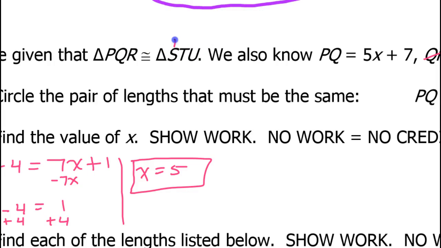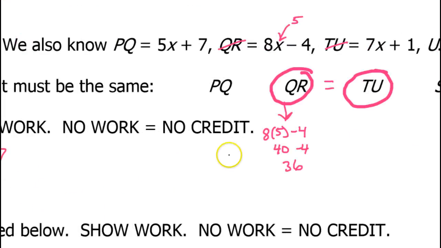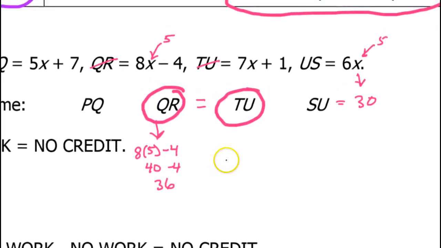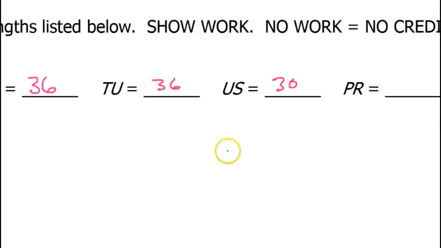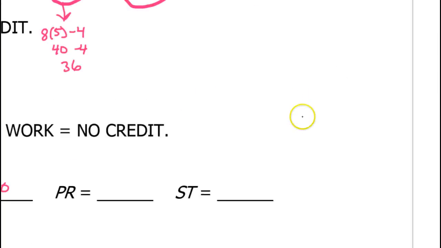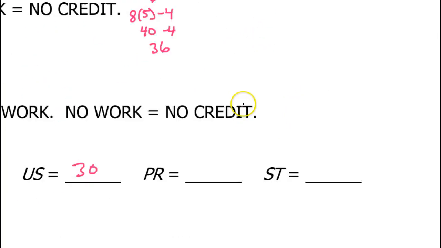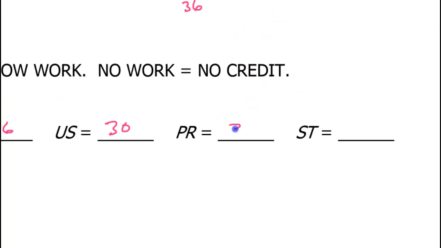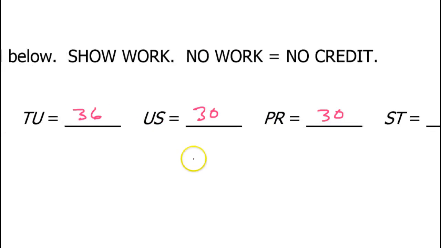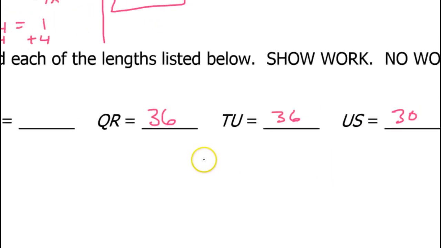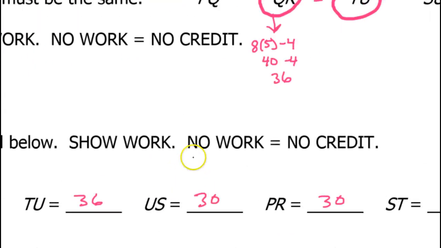US or SU, that's the first and the last. So that should be the same thing as PR. So if SU is 30, then PR should also be 30. So that just leaves PQ and ST.